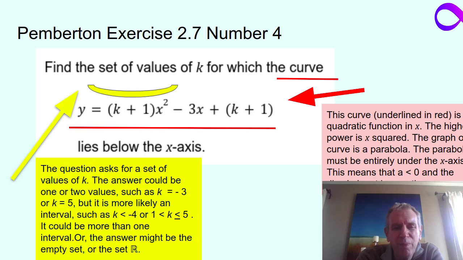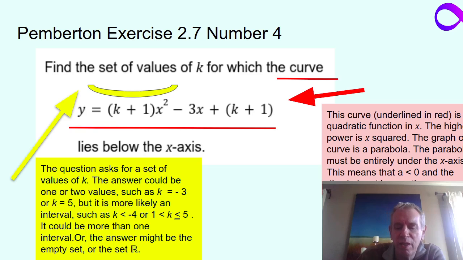So the shape of this curve is going to be a parabola. We know that the shape of quadratic functions is a parabola, and we're asked, where does this curve lie below the x-axis? So that tells me a big hint here.